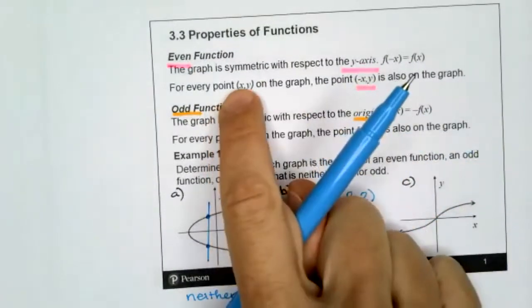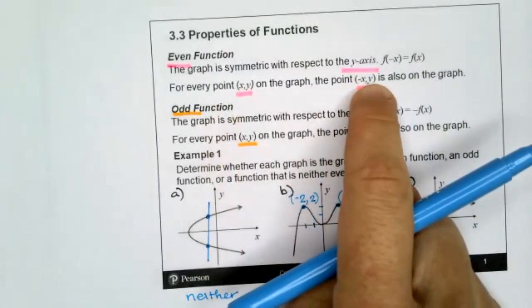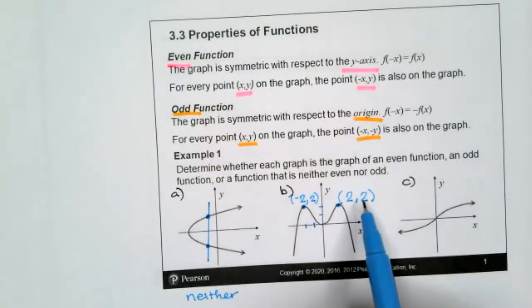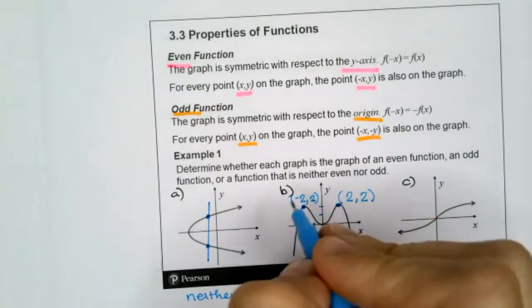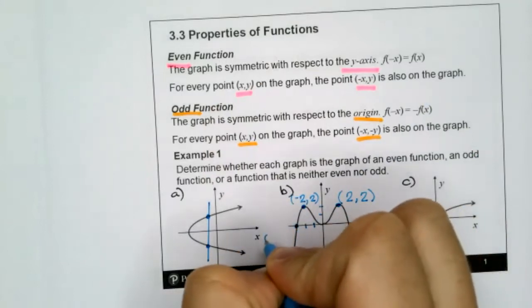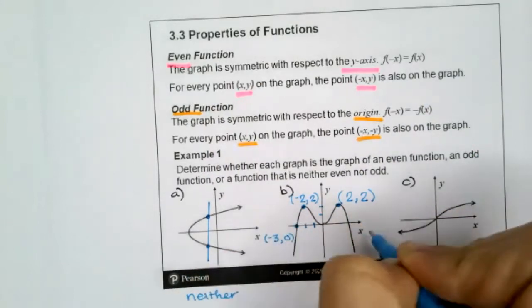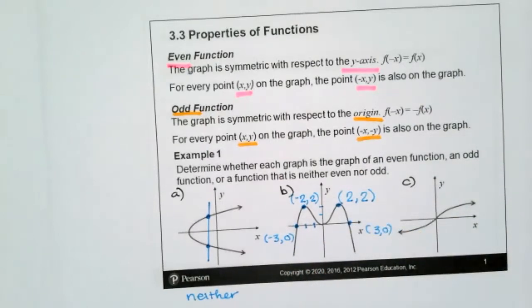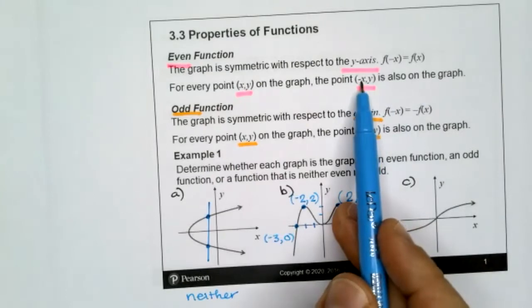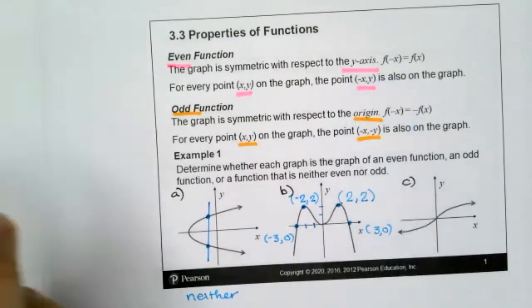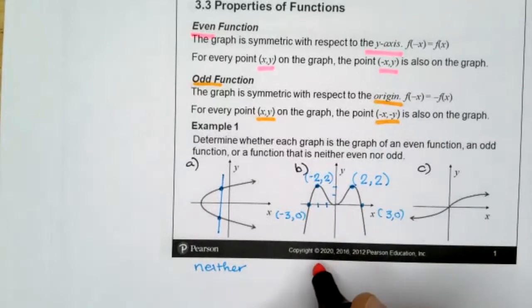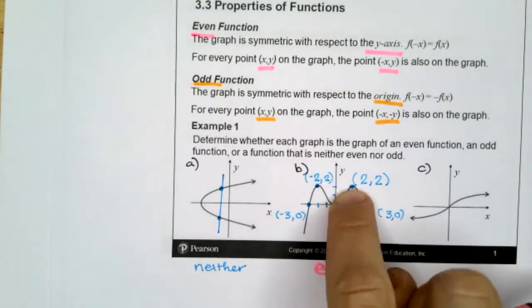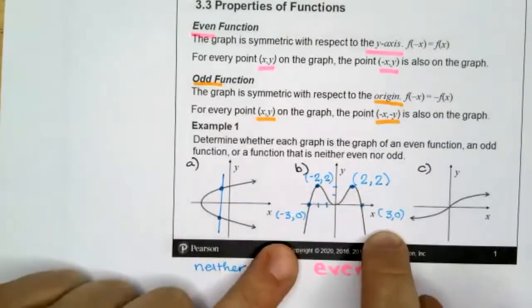For every point x, y, we have the point negative x, y. Here's x, y, here's negative x, y. Maybe here's negative 3, 0, here's positive 3, 0. So I'm able to mirror every point across the y-axis. So I'm going to call this an even function. I can fold it in half right here, and I can mirror each point. Good.